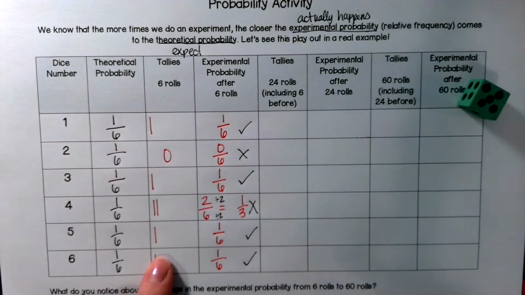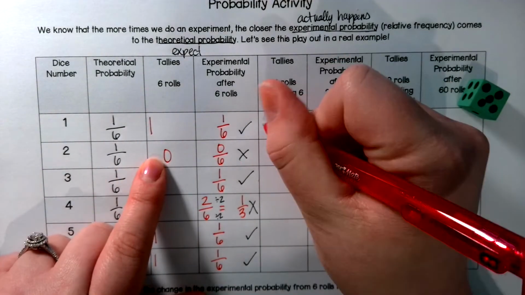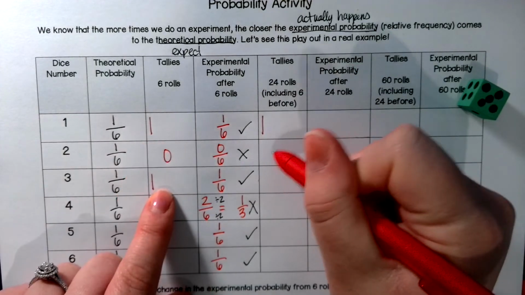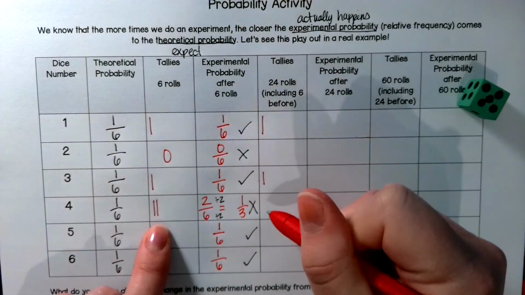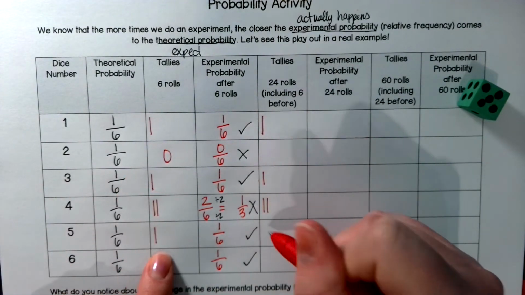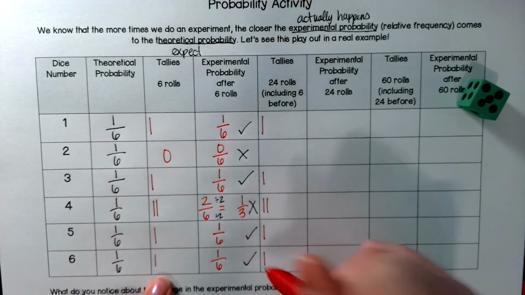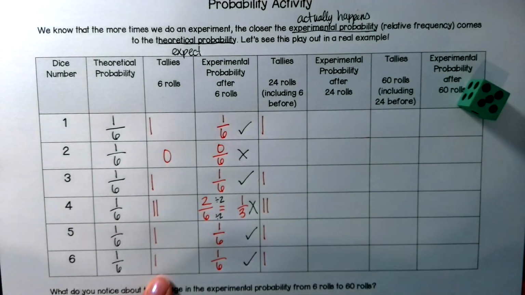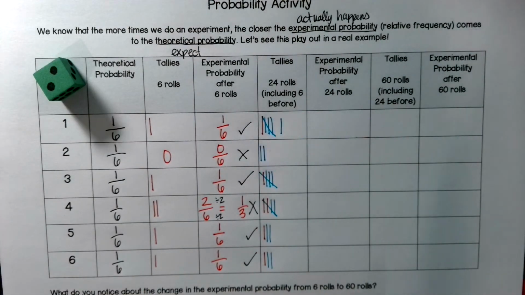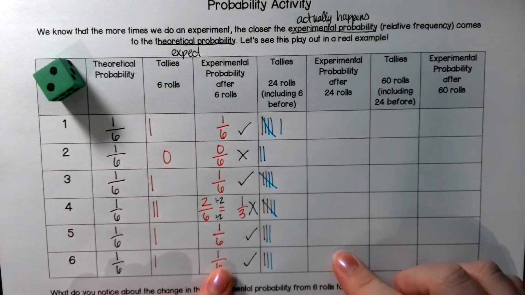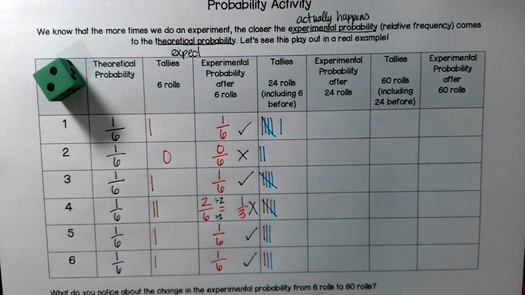We're going to include these tallies from before. So I'm going to keep that 1, don't have any there, keep that 1, keep those 2, keep that 1, keep that 1. And now I'm going to add on to it. There's my 24 rolls. So now let's check and see, is our experimental probability the same or is it going to be different?